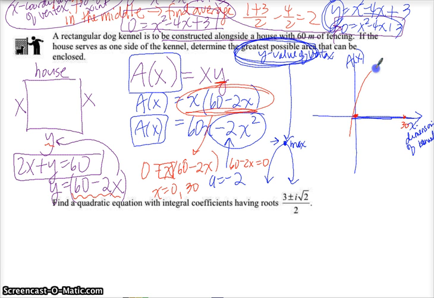Well, if we want to find the vertex, as I said in my previous problem, not the only way, but the easiest way to find the vertex is by taking the average of those two. So that's 15. That's the x-coordinate of the vertex. But I don't want the x-coordinate of the vertex, I want the y-coordinate of the vertex because that represents the maximum value.